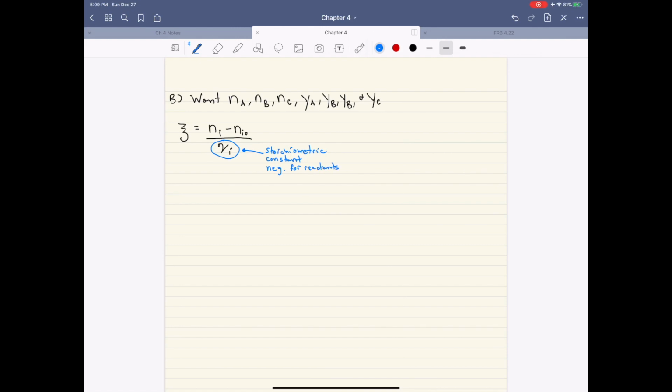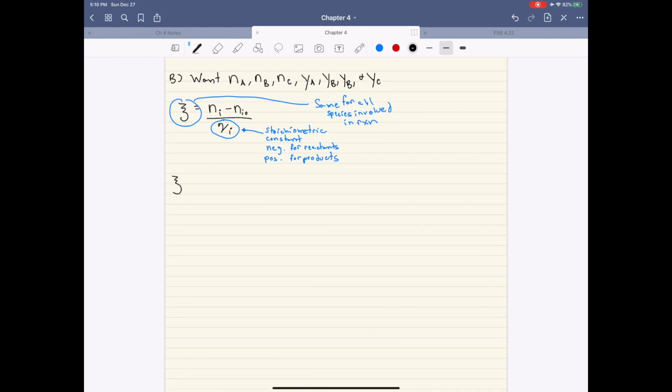And if we're dealing with products, the stoichiometric constant is going to be positive. Another useful thing about the extent of reaction is that it's the same for all species in the reaction.